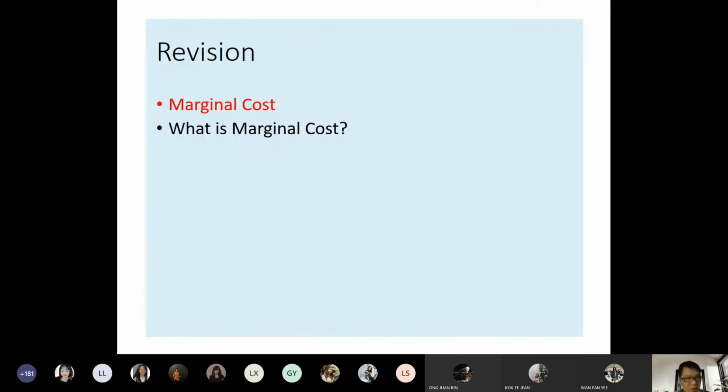Jambin, I cannot hear you. Can you? Rate of change. Rate of change, yes. Of what? Of the profit. No, marginal cost. Cost. Rate of change of?